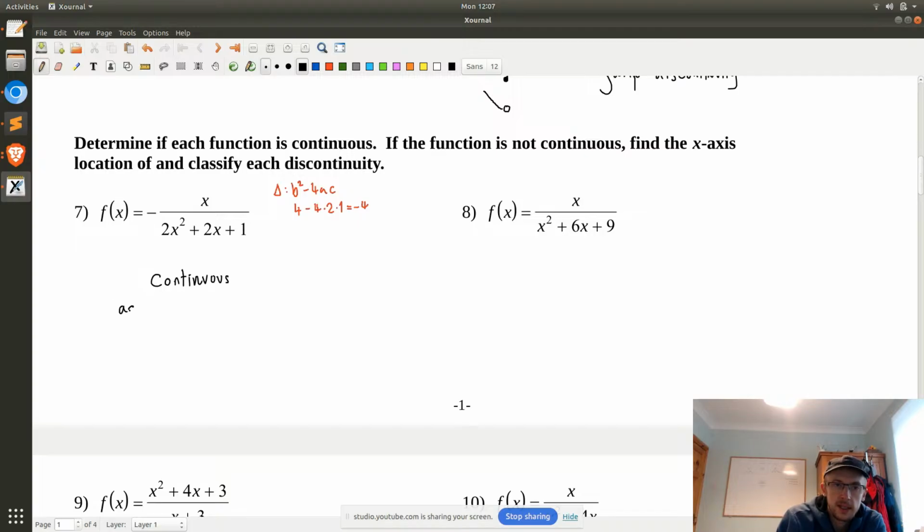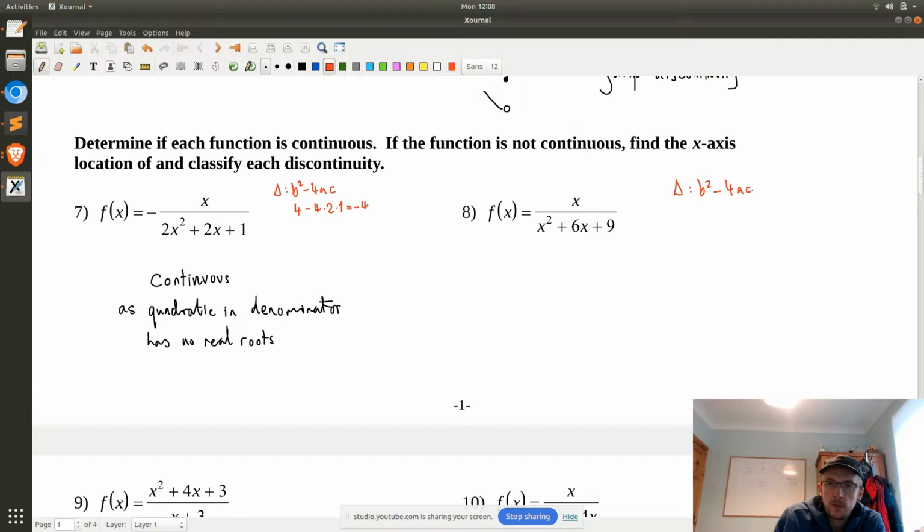And I'll say that as the quadratic in denominator has no real roots.